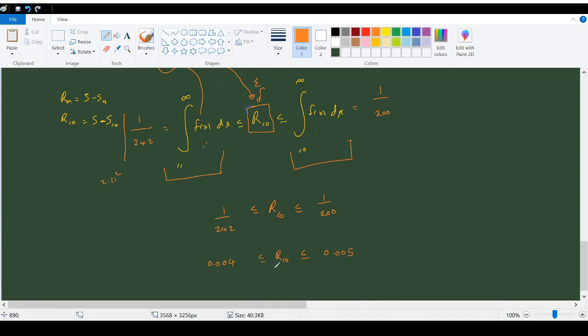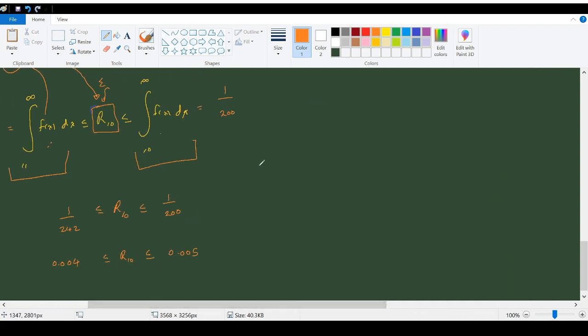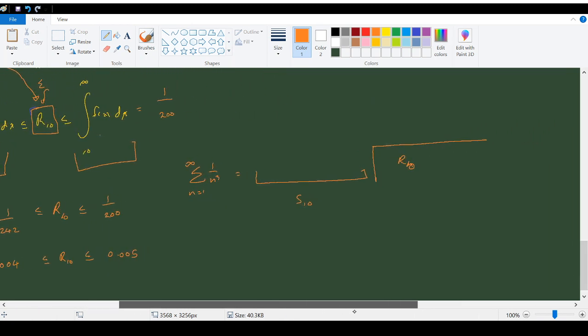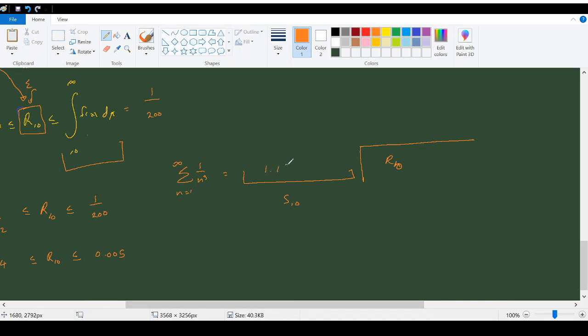So when you add the first 10 terms of this series, and consider the remainder or the error, which comes from the addition of the first 10 terms, the answer for the addition of the first 10 terms, which can be computed by a calculator, is equal to 1.1975.